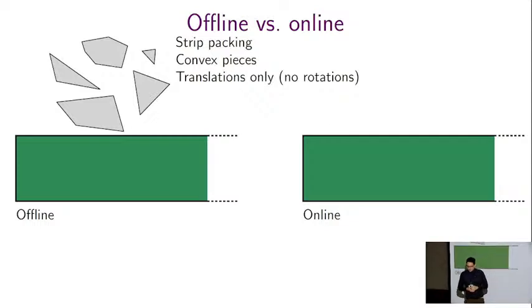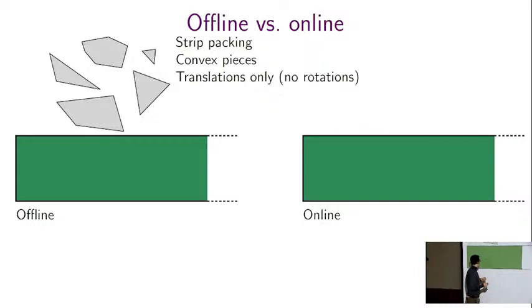Then I'm going to tell you about online packing. So we have online and offline. In Andy's talk, everything was offline. So that means that you have full information in the beginning and you can do all the computation and then make a decision. And then we are looking at strip packing.